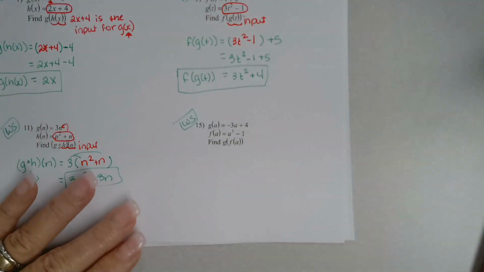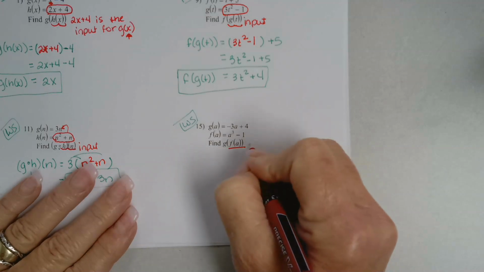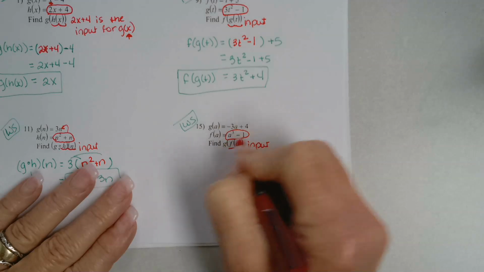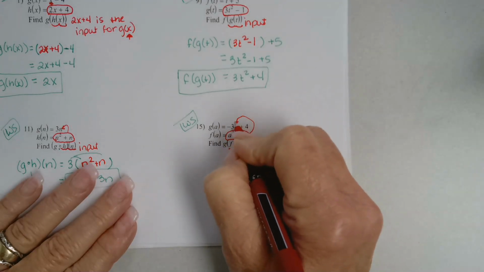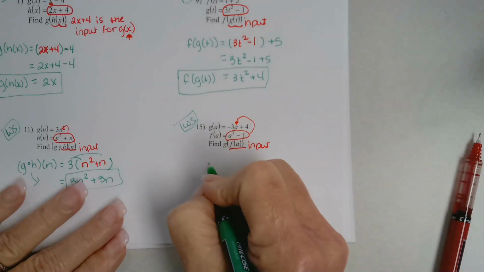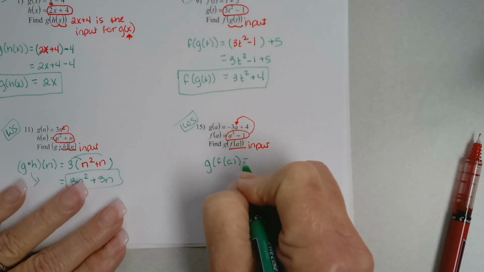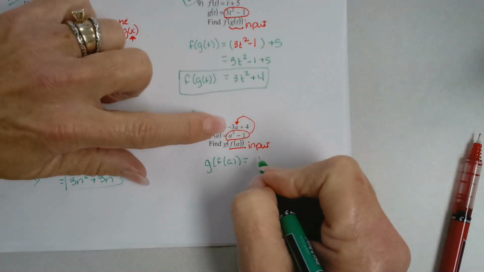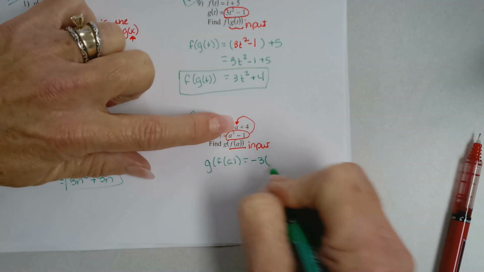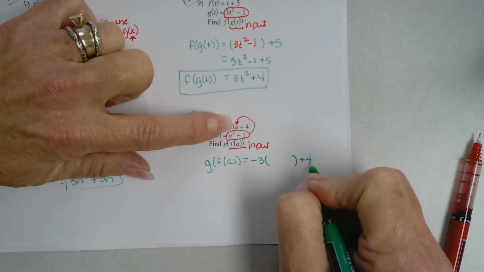All right. So this last example, again, f of a, this is our input. So a cubed minus 1 replaces the a in the first function rule. So g of f of a is equal to, we got to write down a -3. And where we see that a, I'm just going to put a big set of parentheses and then finish off with +4.